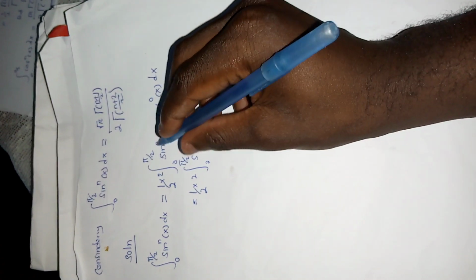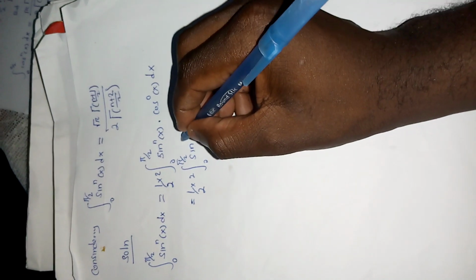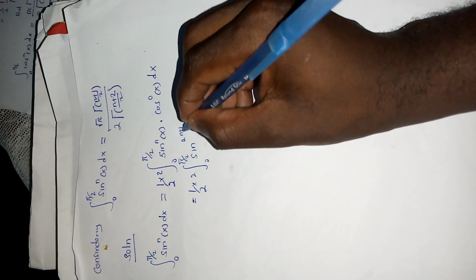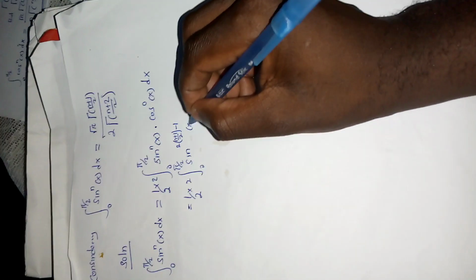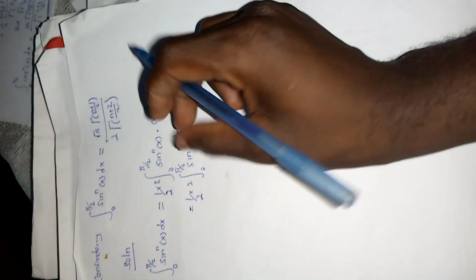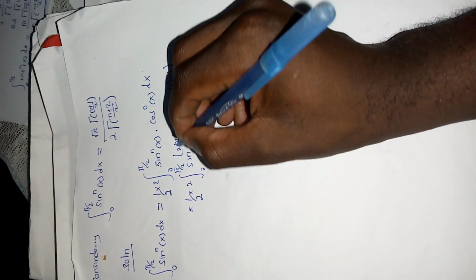We do the same thing here, changing this power so that it becomes 2 times something minus 1, which is 2 into (n plus 1) over 2 minus 1 of x, times cos 2 into a half minus 1, because if we simplify this power we go back to n, and if we simplify this power we go back to 0, of x dx.